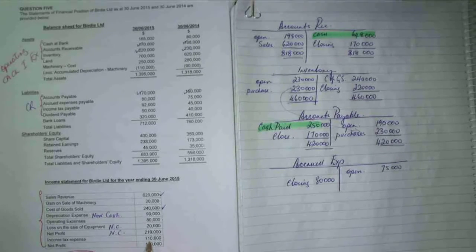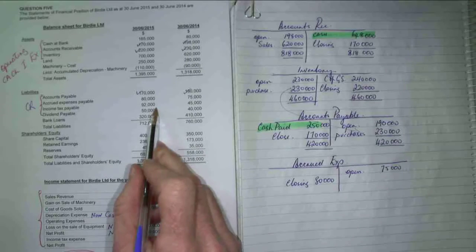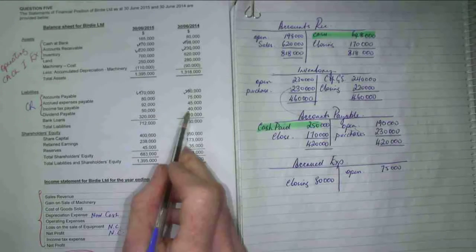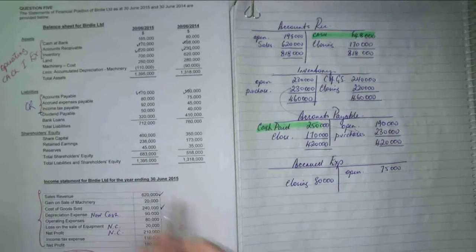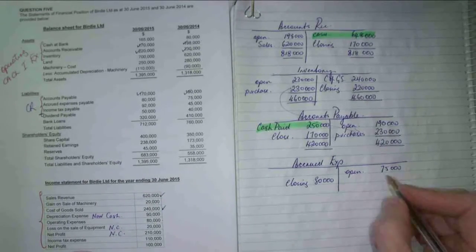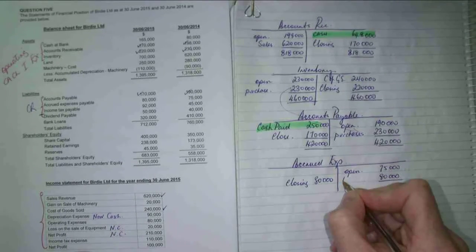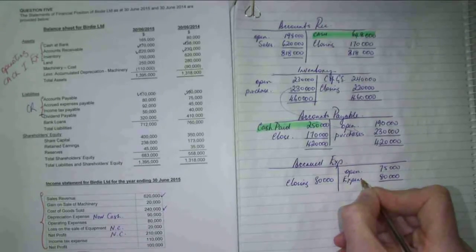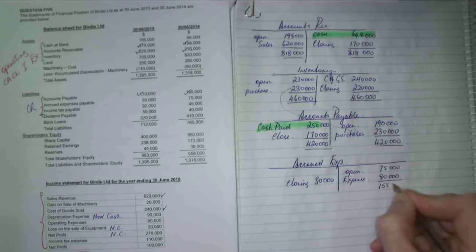Income tax expense, okay, we're going to have to do something there. Do we have an income tax payable? We do. Okay, and we have a dividends payable as well. No, dividends payable doesn't get included. Alright, so my operating expenses are 80,000, so it's going to increase it. So that makes 155,000.